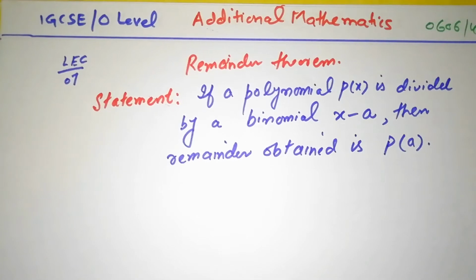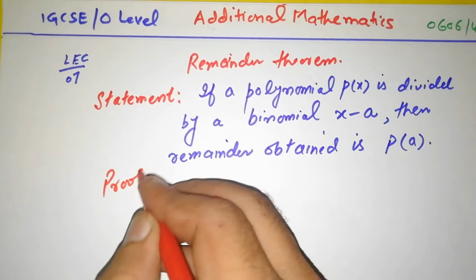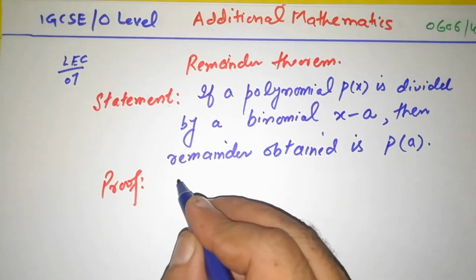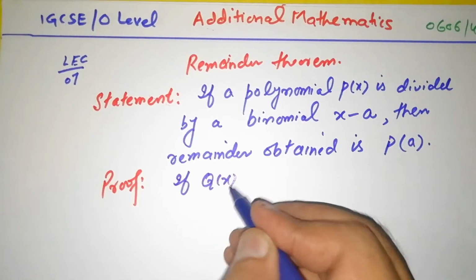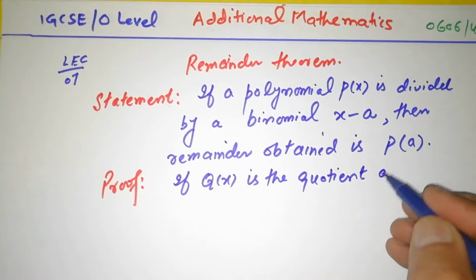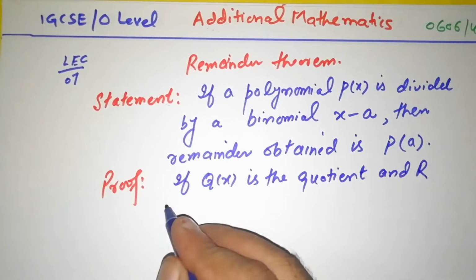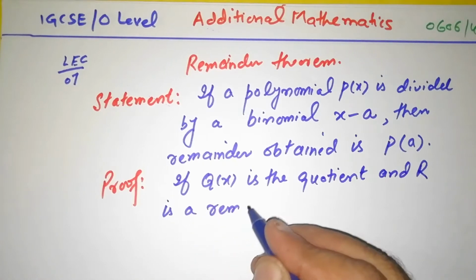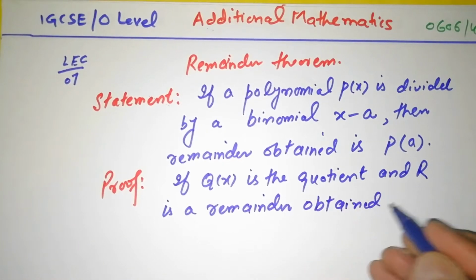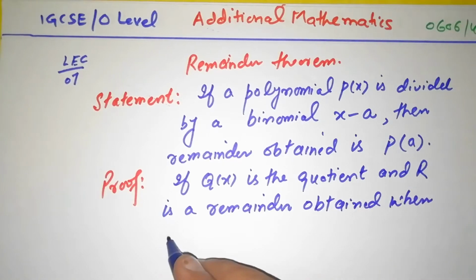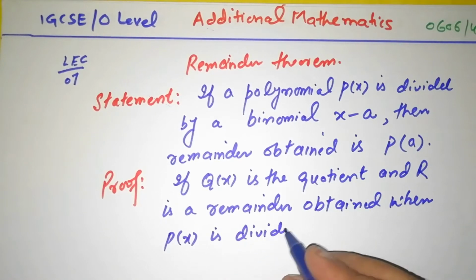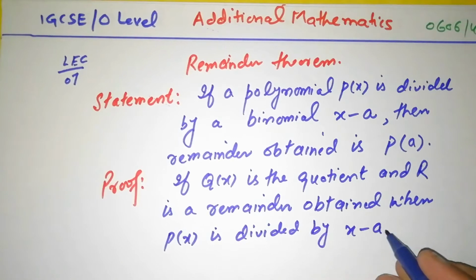Now we shall prove it. Students, suppose q(x) is the quotient and r is the remainder obtained when this polynomial p(x) is divided by x minus a.